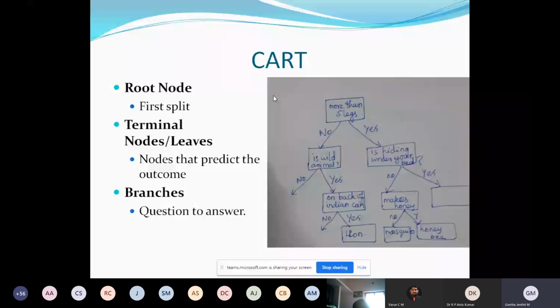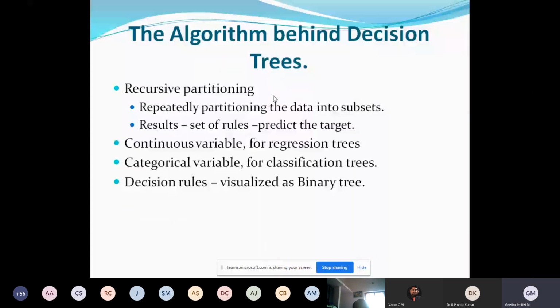The next one is the algorithm behind the decision tree. It works by repeatedly partitioning the data into multiple subsets or subspaces. This is technically called recursive partitioning. I already told about this. The result produced by this recursive partitioning algorithm consists of a set of rules.